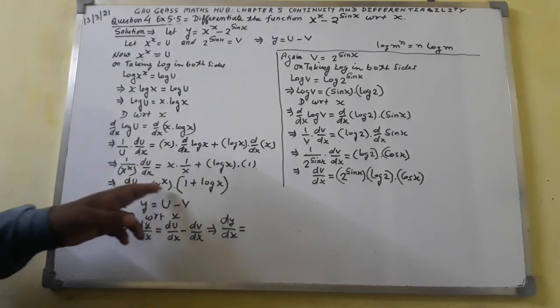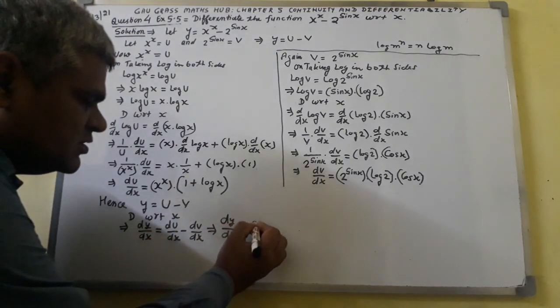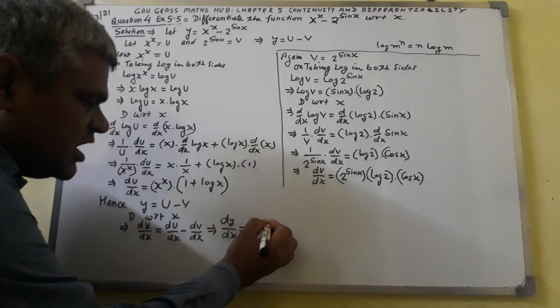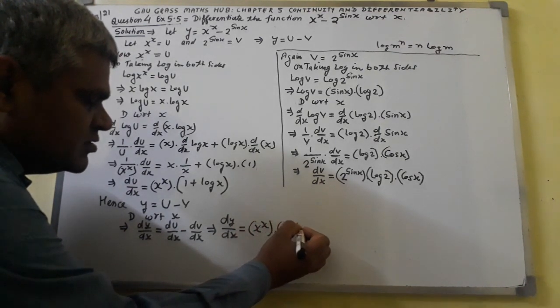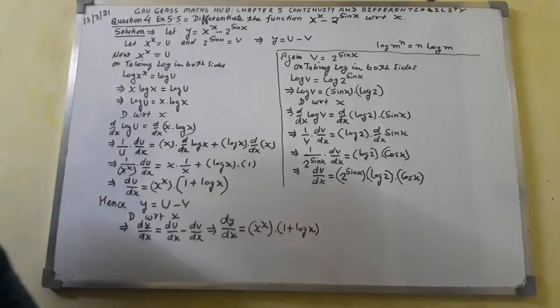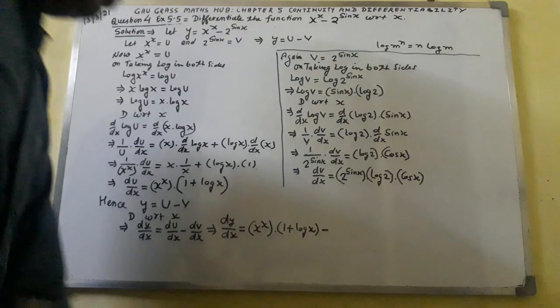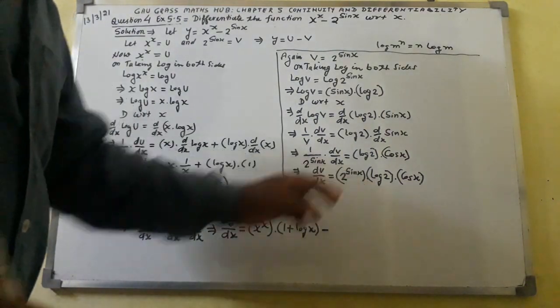I shall take this value. So here I shall write x raised to power x dot 1 plus log x minus dv over dx, I shall take from this place.